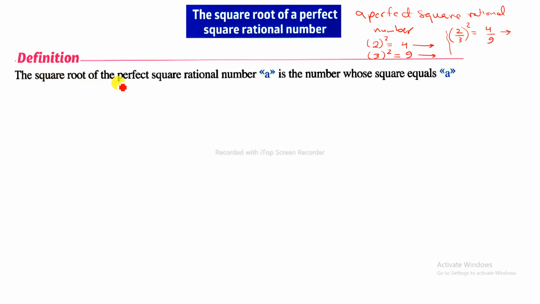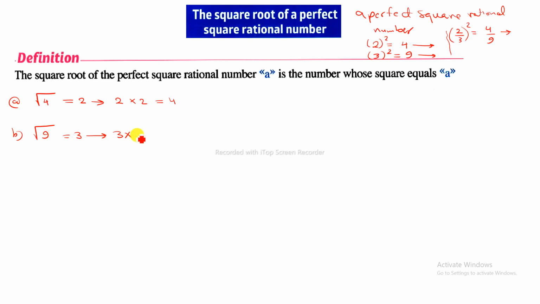هنا بقى the square root of the perfect square rational number A is the number whose square equals A. يعني مثلا بقول square root of 4 يعني ايه النمبر اللي عمله times itself equals 4؟ 2 times 2 equals 4. يبقى the square root of the number 4 is 2. The square root of the number 9. What is the number if multiplied by itself equals 9? 3.